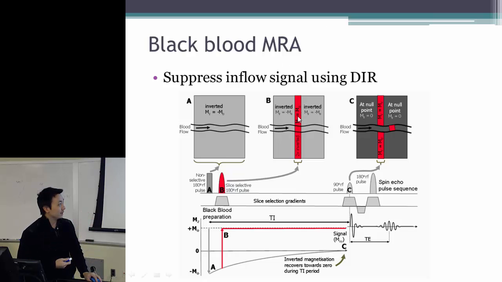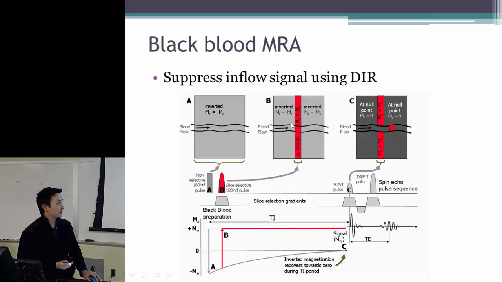So for this slice, they would appear as if nothing has happened. They would appear as if they are still at their equilibrium state, while all other regions are still inverted.